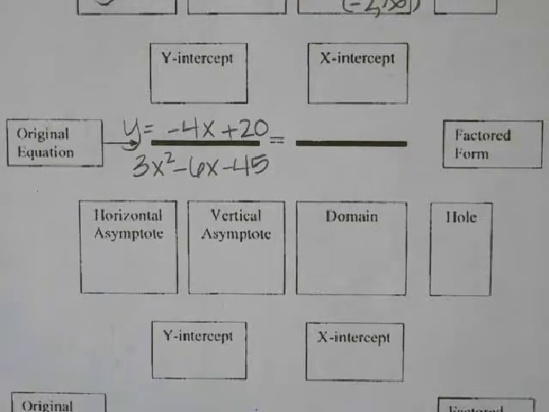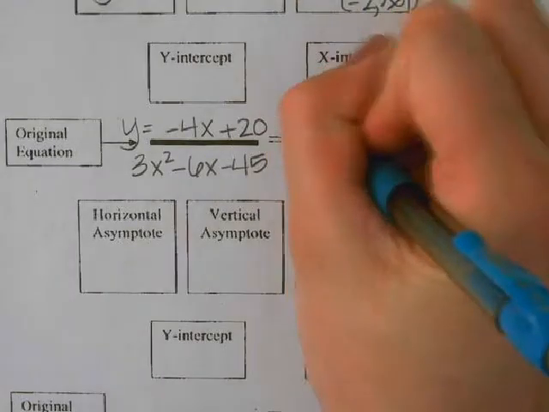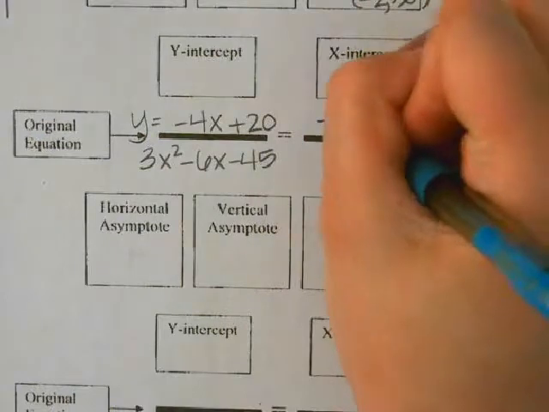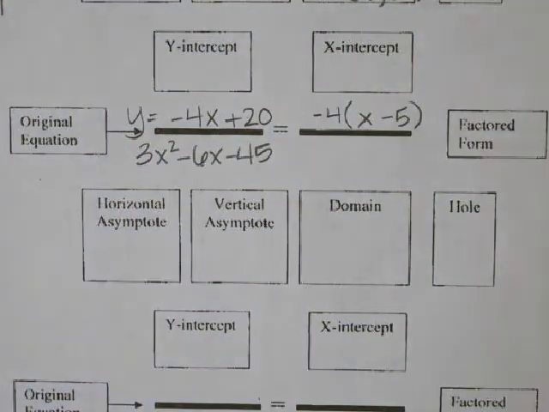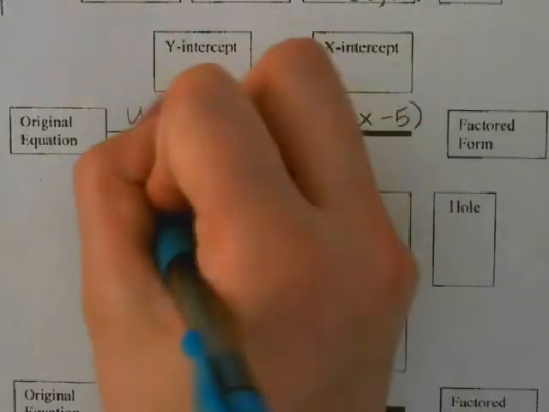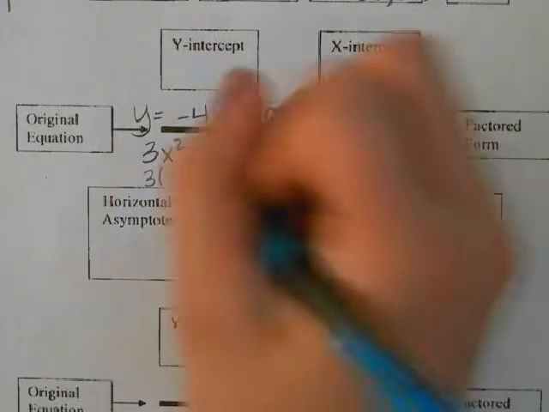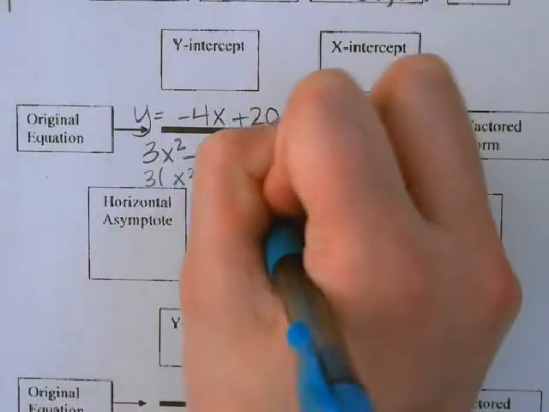What's the greatest common factor? Negative 4. And then what's left over? X minus 5. Okay. What else do we have? On the bottom, this is GCF. 3. And then what's left over? X squared minus 2x minus 15.